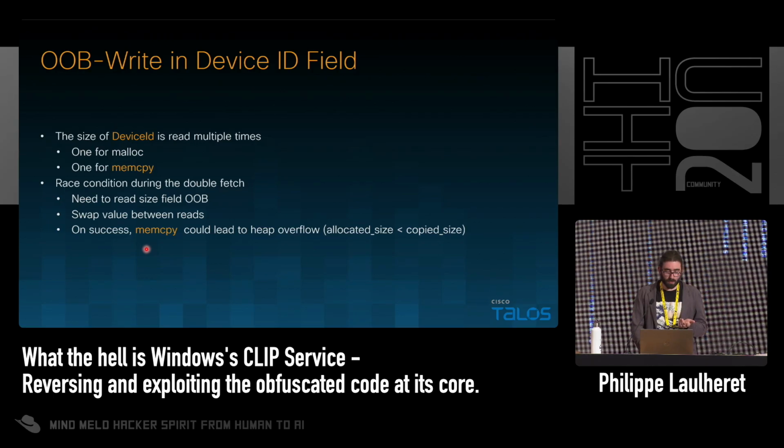So it's a race condition, and the idea is that if you can time it right, you could swap the value that's read out of bound as a size field between the allocation and the memcopy. And so you can lead to a heap overflow during the memcopy.